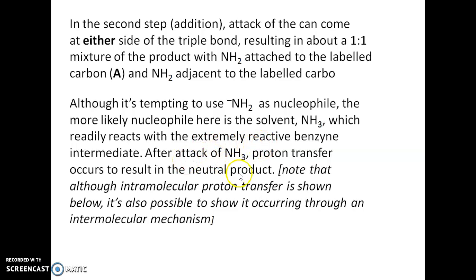After the attack of NH3, proton transfer occurs, resulting in the formation of the neutral product, which we call an intramolecular proton transfer. Okay, and we can say this occurs through an intermolecular mechanism.